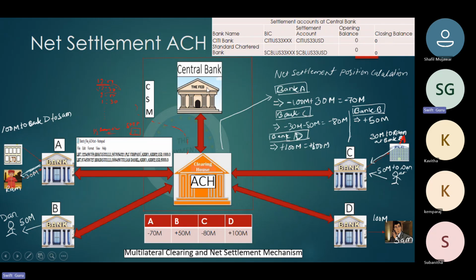All they need is the 100 million from the clearing and settlement mechanism, because that's what they agreed with. The bilateral agreement was that. So this clearing and settlement mechanism is bearing the risk. If they don't pay off in time, then bank D will ask the central bank itself, I mean, this clearing and settlement mechanism itself, and not bank A. So it is a risk-based system compared to RTGS.